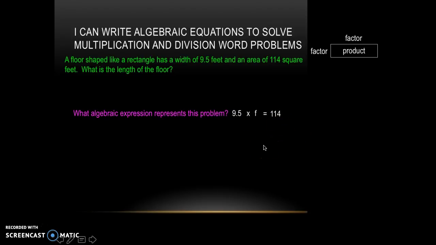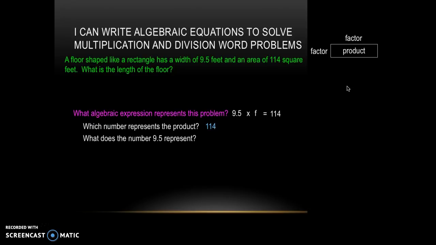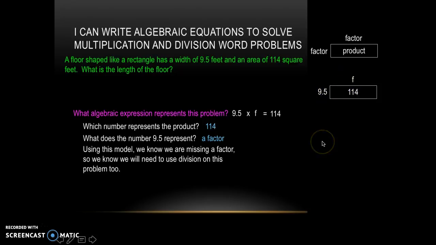So let's look at our model. Remember, factor times factor equals product. So in this instance, our product would be what? 114. One of our factors is 9.5. So product divided by a factor will give us the remaining one. When we're missing a factor, we know that we're going to need to use division.